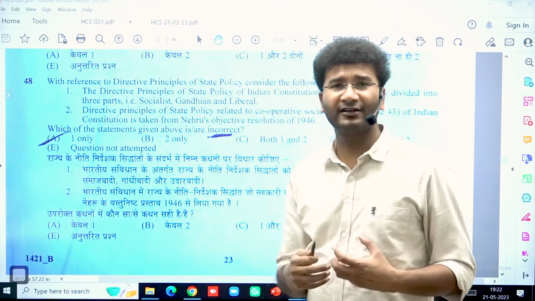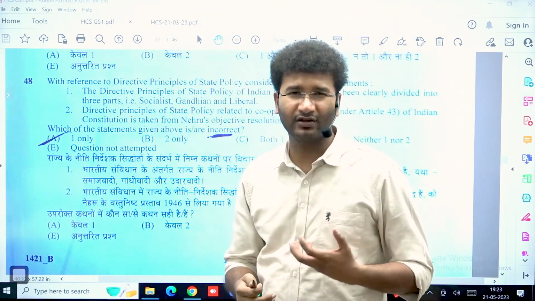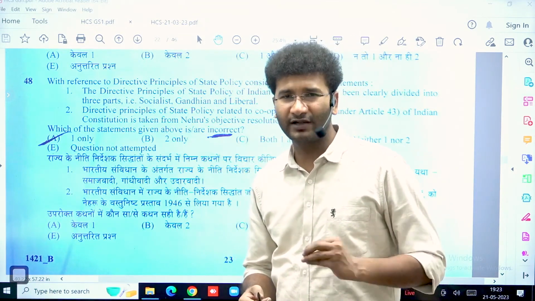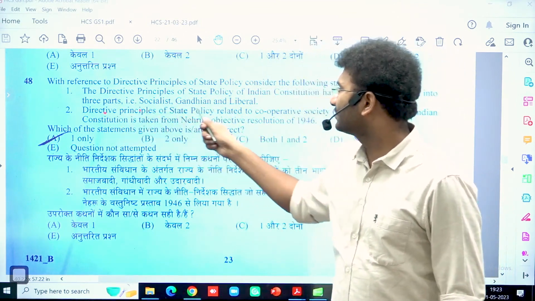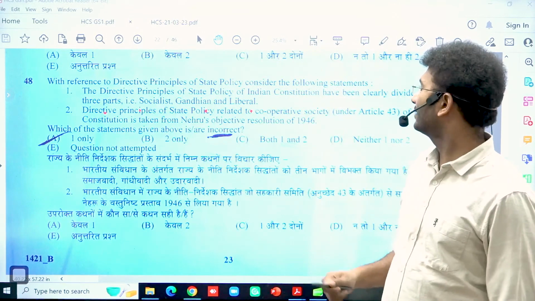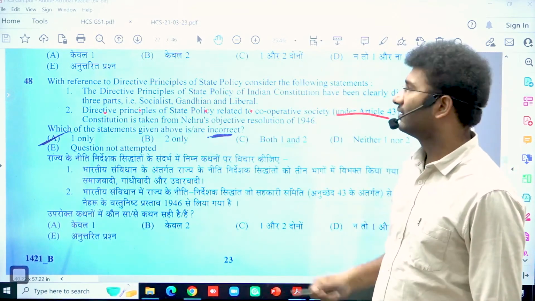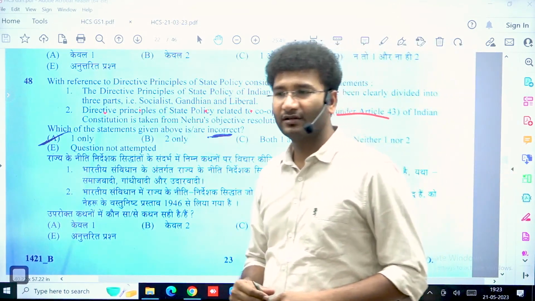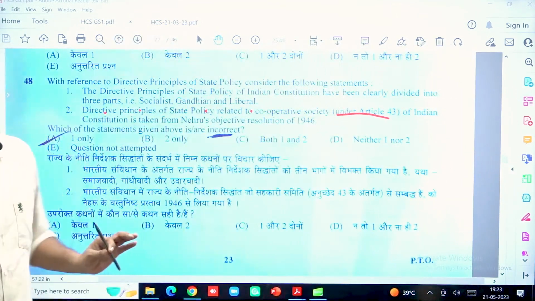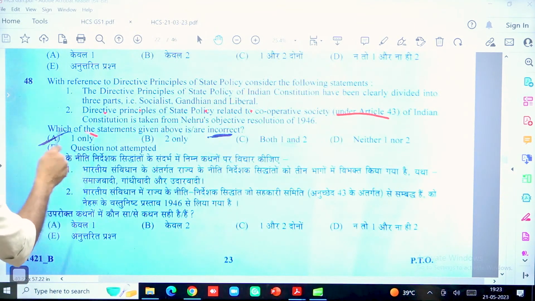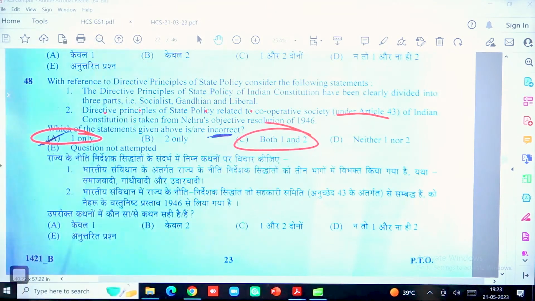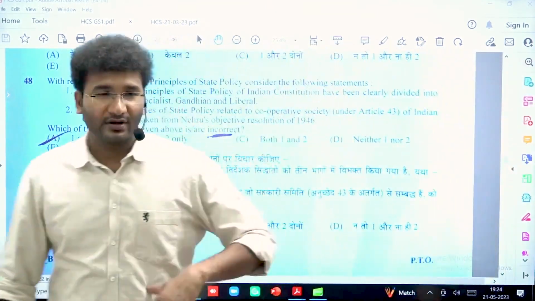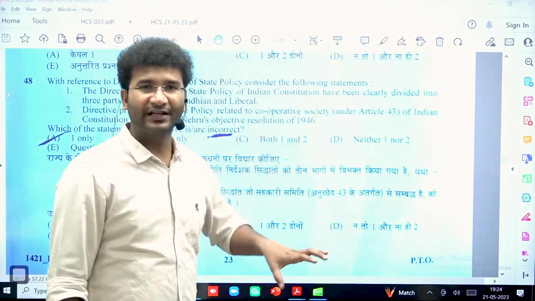Now, with reference to the DPSP in constitutional terms or not, that we have to question. Is it from Nehru's resolution? The confusion should be either only one or both 1 and 2, right? These questions will now be taken by Varun sir.